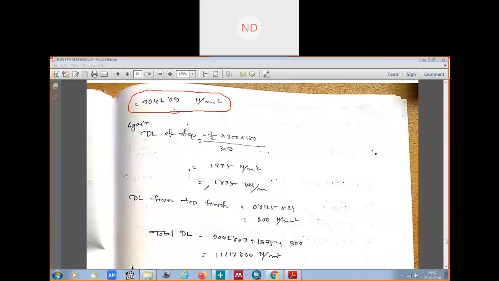The dead load from the step we got to be 1875 Newton per meter square. Now one more thing is going to come, that is the dead load from the top finish. We had calculated the ceiling finish plus the waist slab dead load. Then also above the steps we had the top finish.